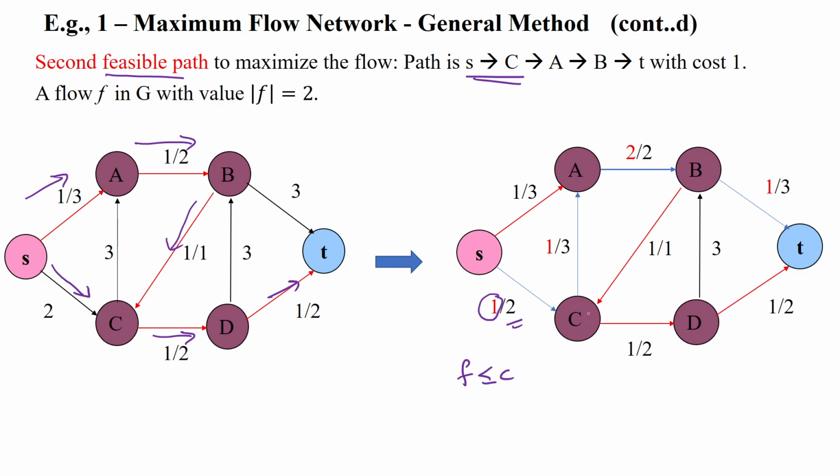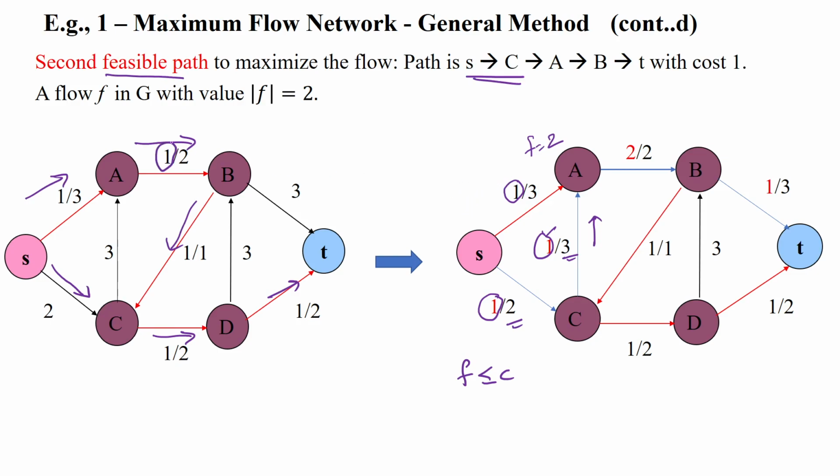Then after that I am taking C to A, right? So here capacity is 3, my flow is 1, so 1 less than or equal to 3, which is also allowed. So now the flow here 1, here 1, so 1 plus 1, 2 flow is coming into the A, right? So here we have to check that incoming flow should be equal to outgoing flow.